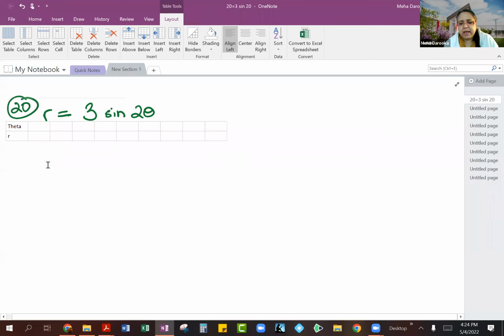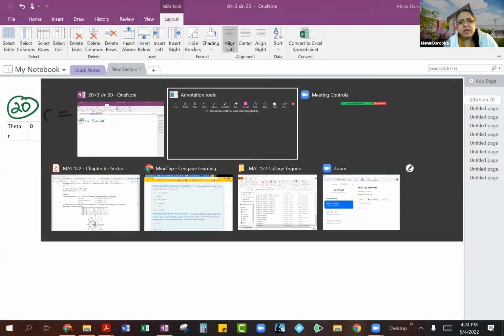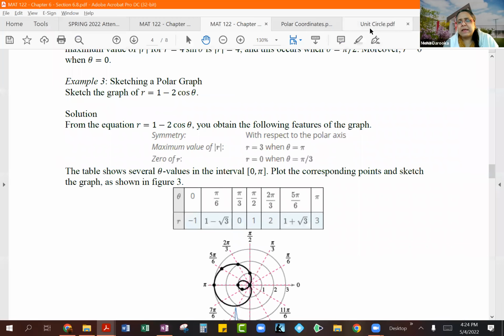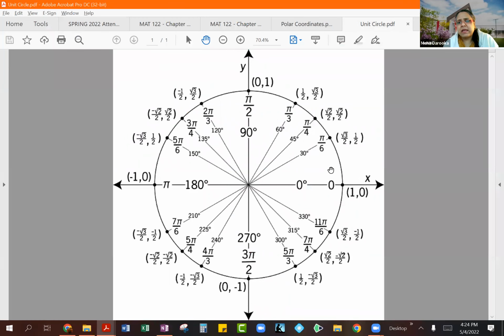So you can start at 0. And remember, for this one, I was telling you guys to let the unit circle guide you. If you're going for angles between 0 to pi, you can see what all of these angles would be.